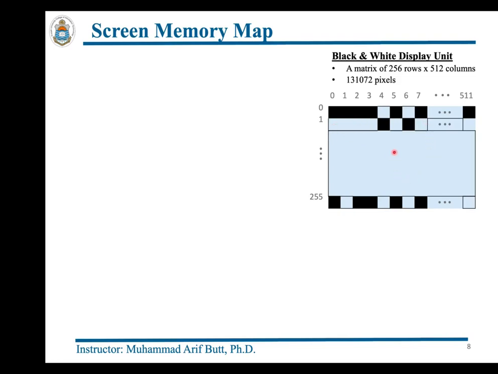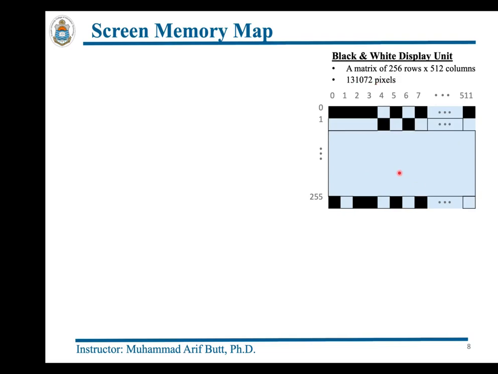It is a table or matrix consisting of 256 rows, starting from 0, 1, 2 and so on to 255, with each row having 512 columns, 0, 1, 2 and so on to 511. The intersection of each row and a column is what is known as a pixel. So there are a total of 131072 pixels in this screen chip.